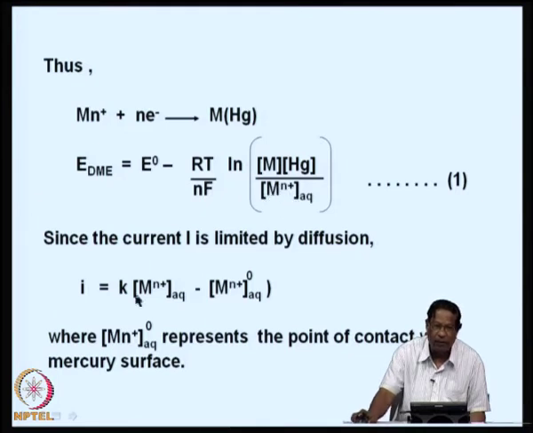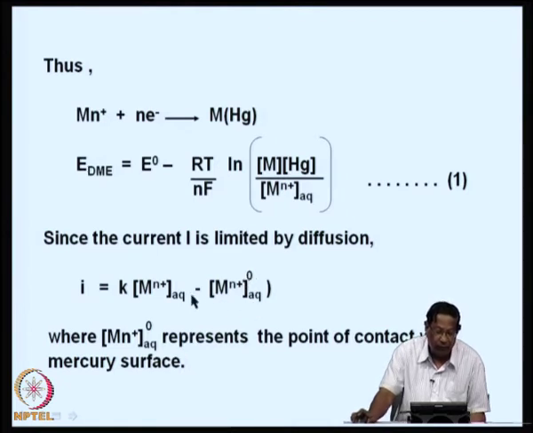Since the current I is limited by the diffusion, I can write an expression like this, that I is equal to k into [M^n+] aqueous minus [M^n+]_0 aqueous.